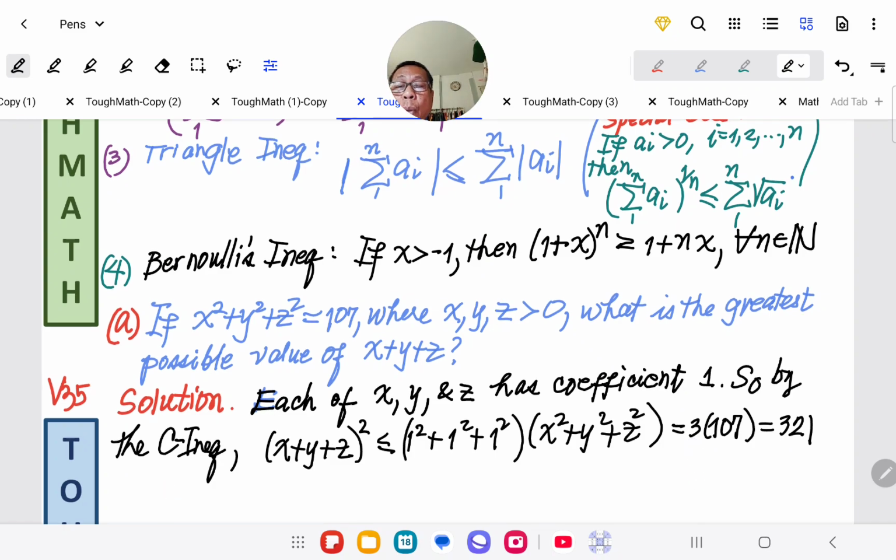Therefore, this is the conclusion of the Cauchy squares inequality.